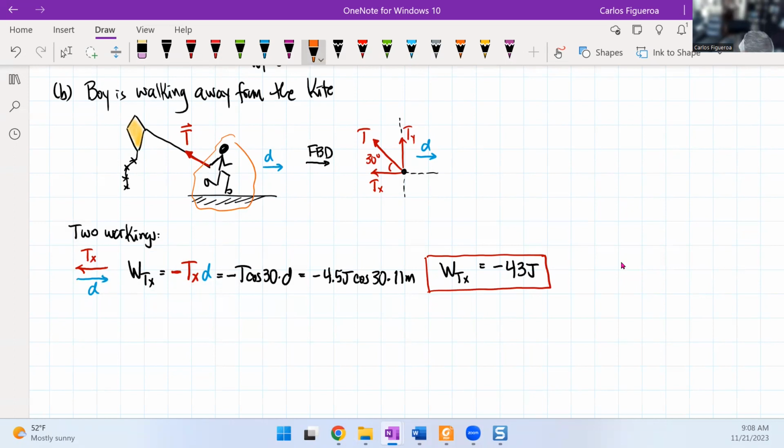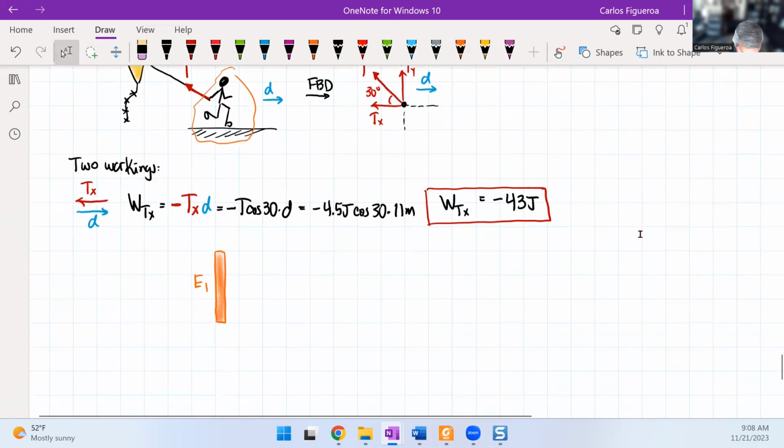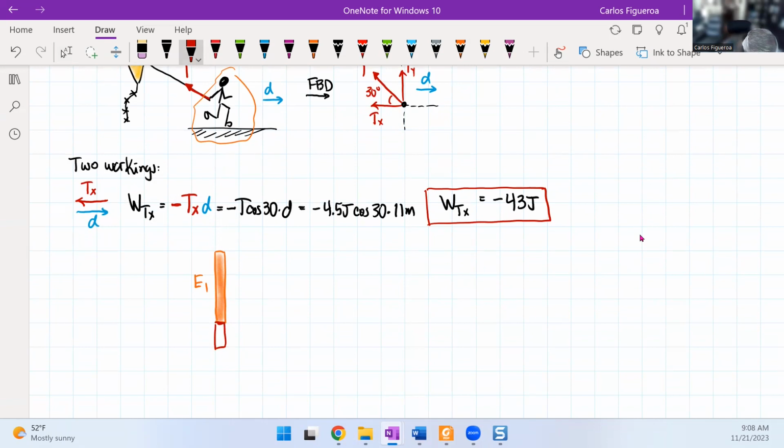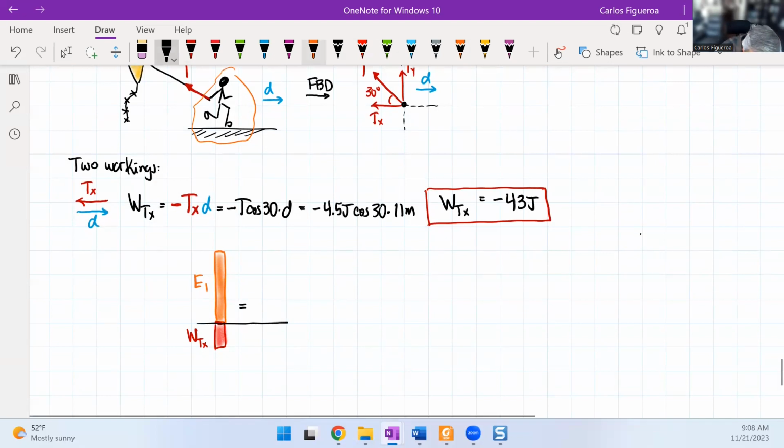The boy starts off at a higher energy state, and there is negative work done by the tension in the x direction. As a consequence, the overall energy of the system has decreased by this amount.